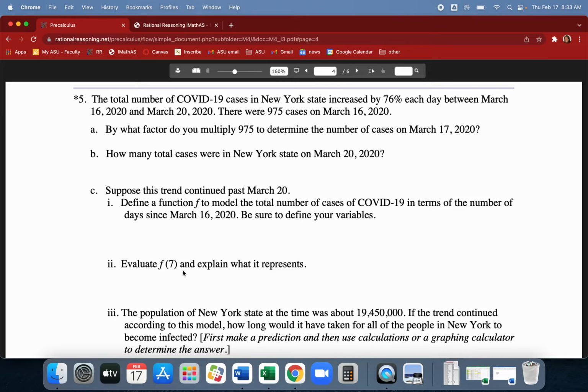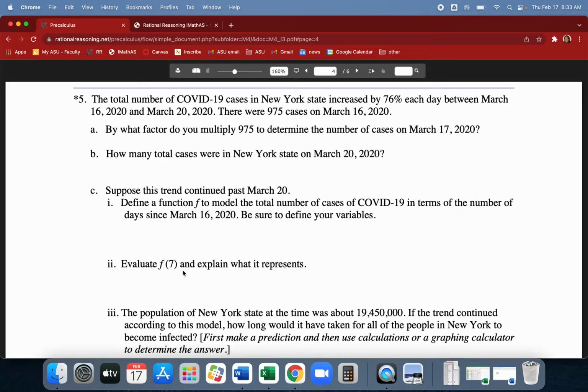2 weeks is the same as 14 days, so somehow plugging in 2 needs to come out to make a 14 here. So 2 for W needs to come out to 14 as this exponent. So what do I need in the exponent? Along with a W, something else. 7? Yeah.